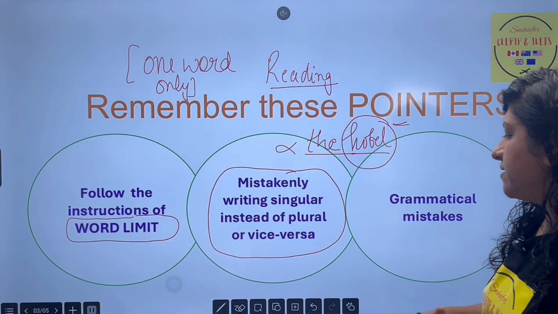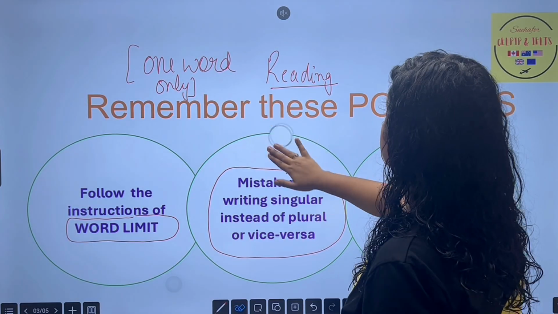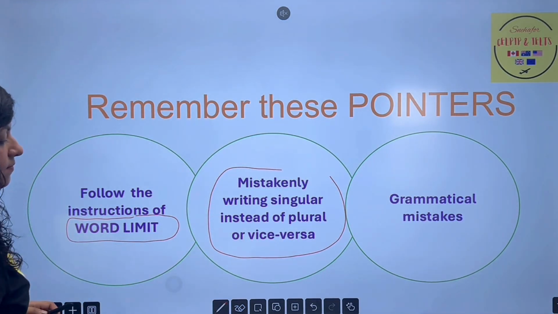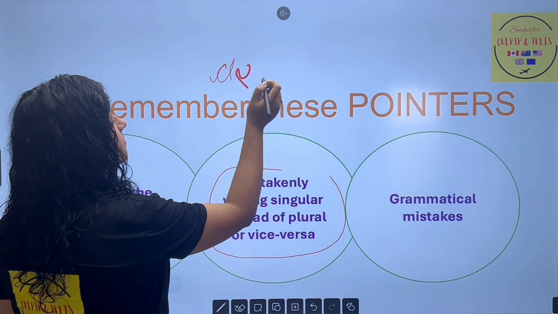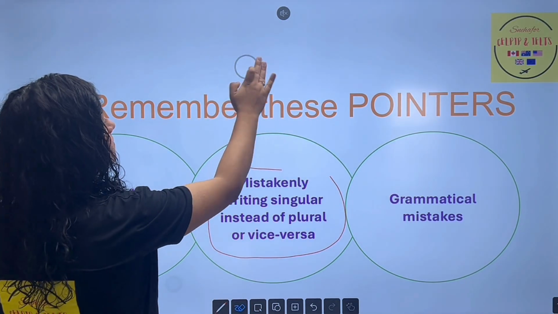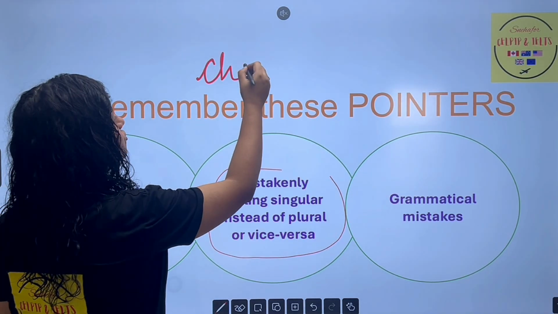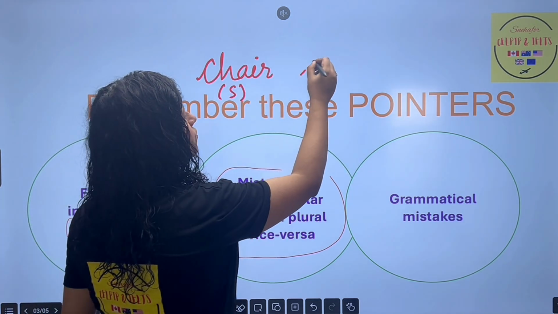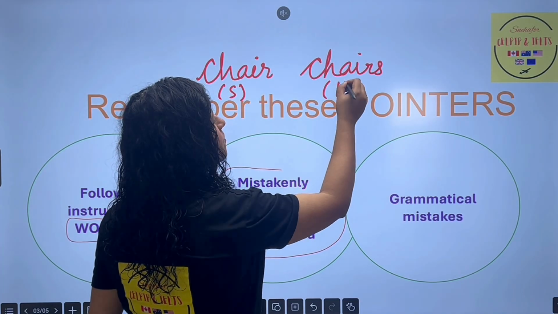Now here what happens is, let's say in your answer you had to write chair, which is singular, and instead you wrote chairs, which is plural.